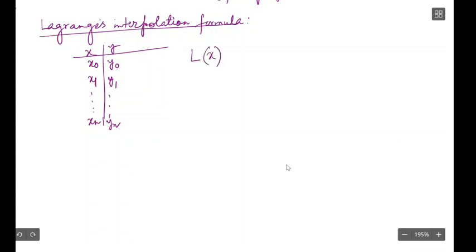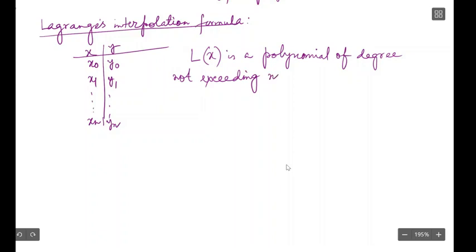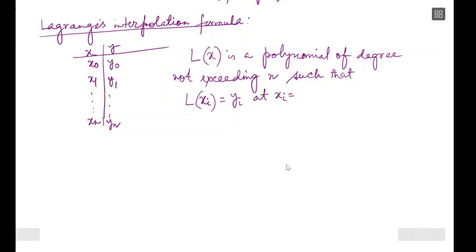So L(x) is a polynomial of degree not exceeding n, such that L(xi) equals yi at xi equal to x0, x1, ..., xn.